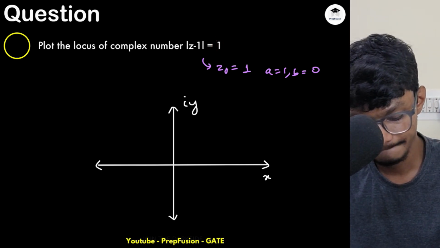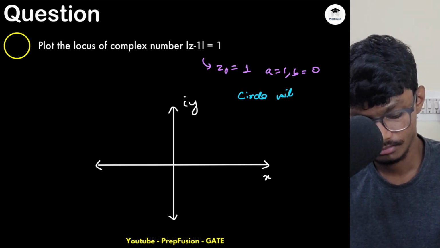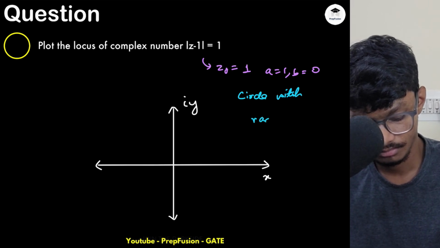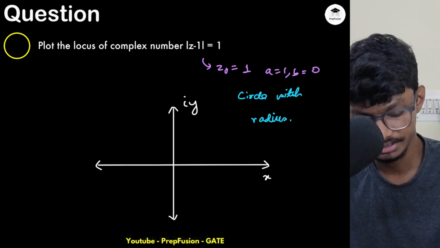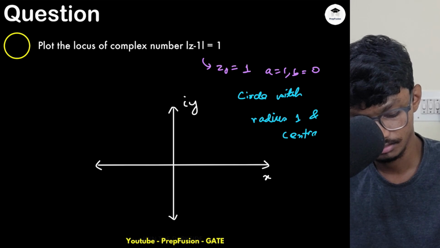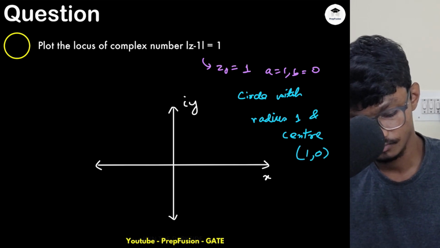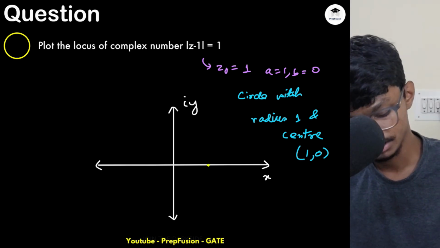So a circle with radius 1 and center (1, 0). So basically the center will lie somewhere around here, and radius is 1.